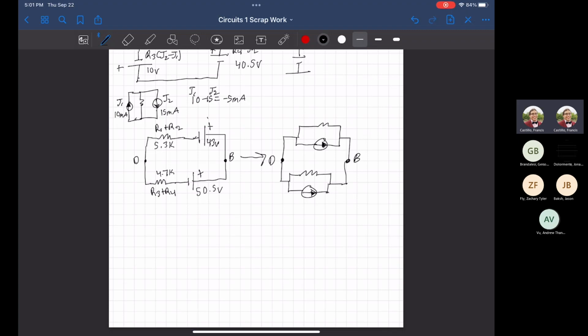So simply by doing Ohm's law again, we keep the same resistor value because that is not changing.